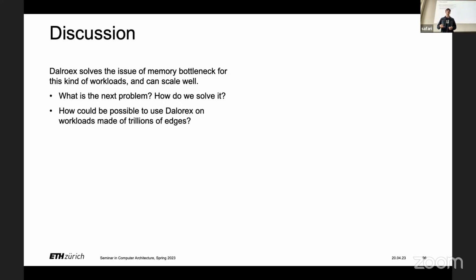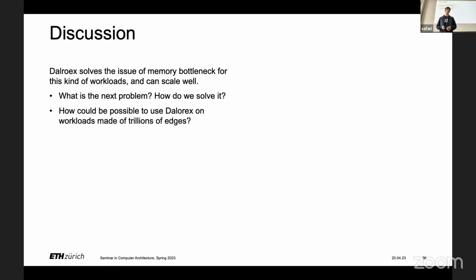So after having solved the memory bottleneck problem, what does come next and how do you solve it? You don't have any idea? It is something that I already suggested to you in the presentation, some slides before.